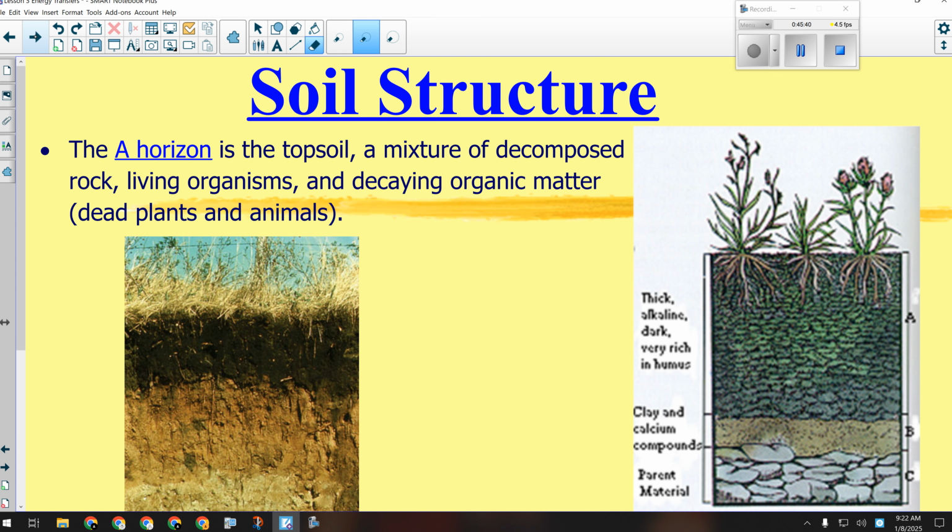So the A horizon, topsoil, is a mixture of decomposed rock, living organisms, and decaying organic material, so dead plants and animals. This is the part sometimes people have trouble getting their head around. Decomposed rock. Where does soil come from?